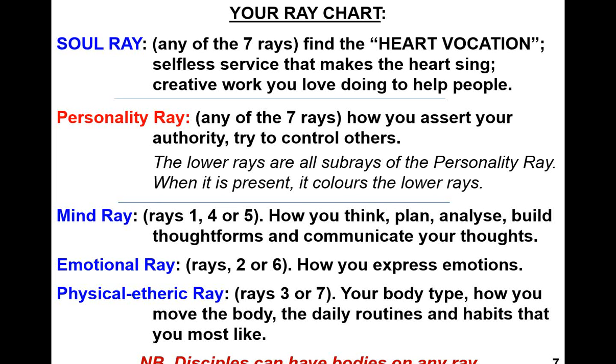And so our bodies are each on a ray, and on the chart in front of you I've listed the important ones for us. Starting from our outermost ray, we have our physical etheric ray, and it's either ray 3 or 7. It's our physical etheric body type, how we move the body, the daily routines and habits that we most like. It also governs our physical etheric brain.